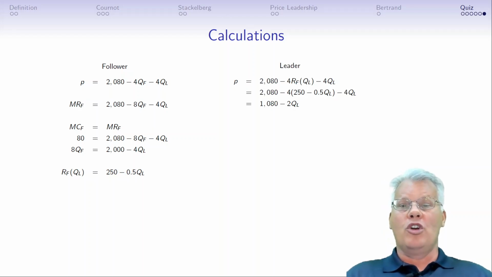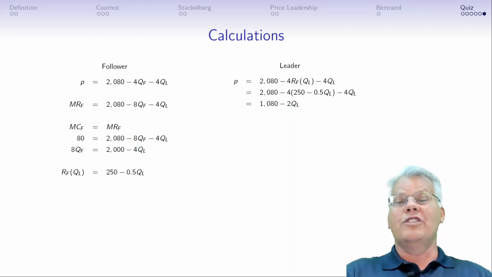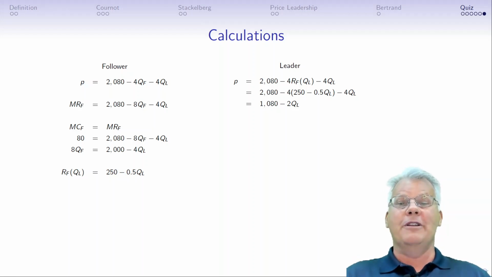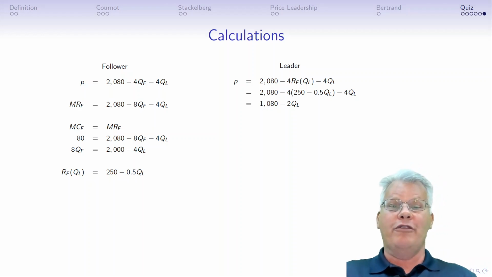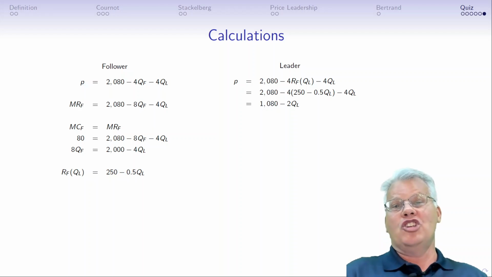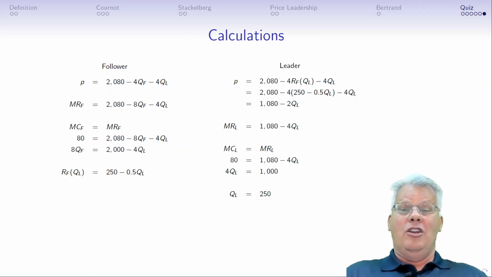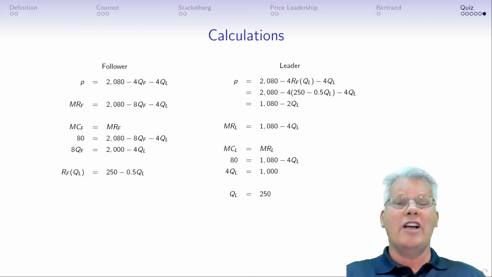For the leader firm, we take the inverse demand function, and the leader, of course, understands how the follower firm is going to respond to its announcement. So we substitute the follower firm's reaction function into the leader's inverse demand curve, and we get a simplified inverse demand curve for the leader that's a function of the leader's announced output only. And we have total revenue for the leader, marginal revenue for the leader, and set that equal to marginal cost.